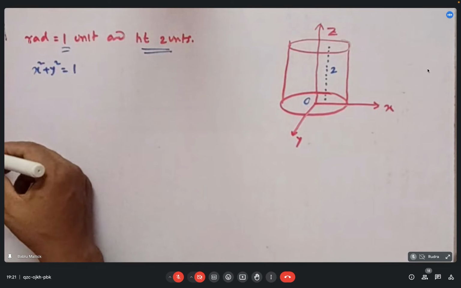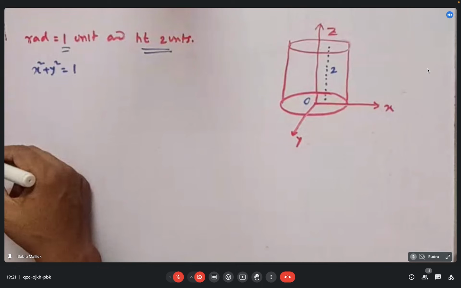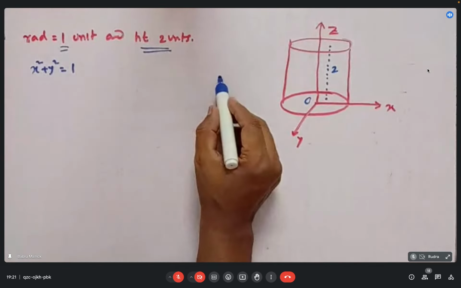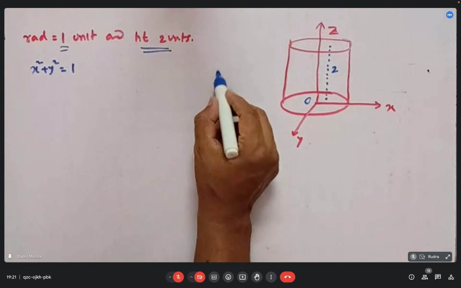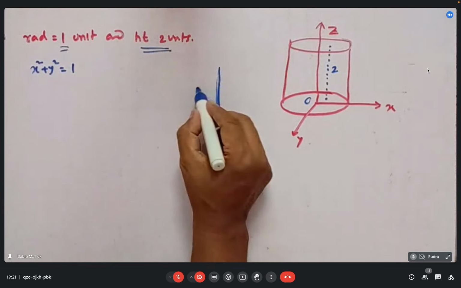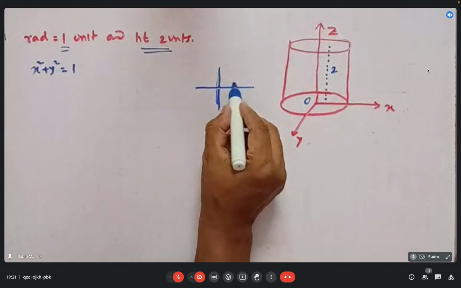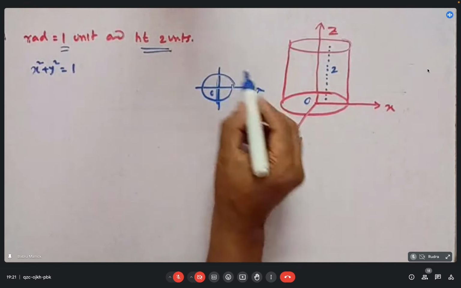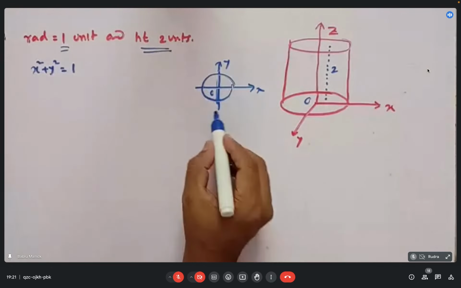So the volume of the required cylinder is, what will be the volume? Just I shall draw the base here. It is the origin, this is the x-axis, it is the y-axis.